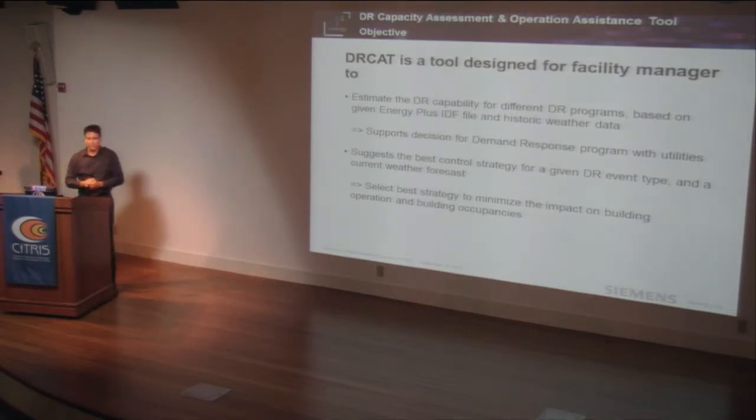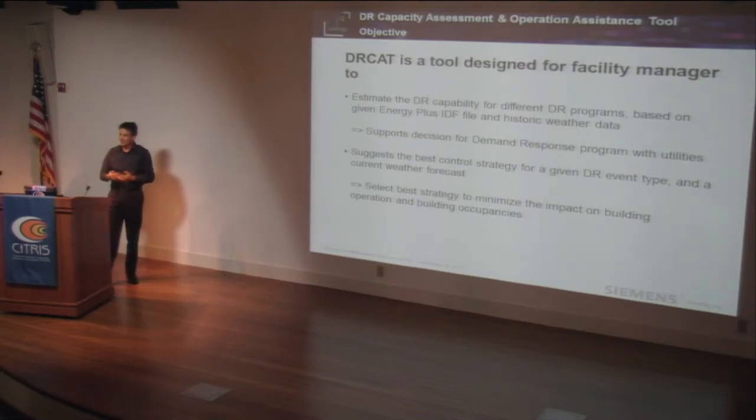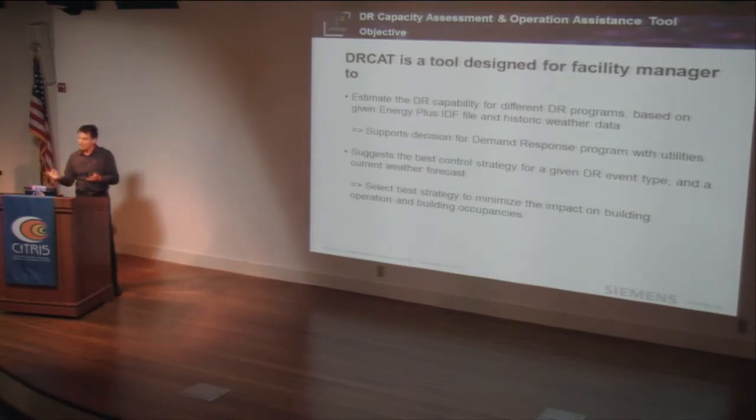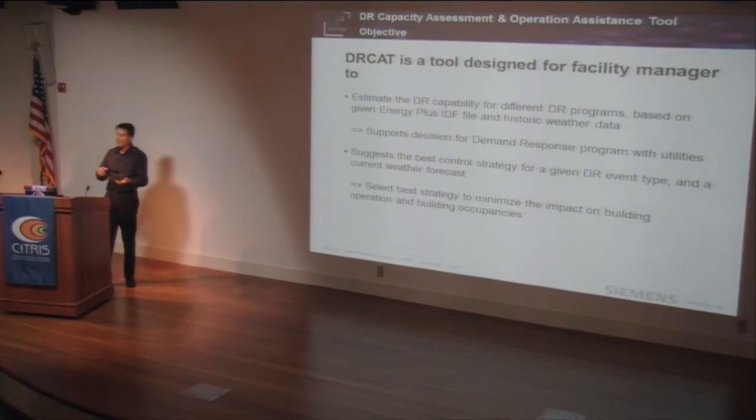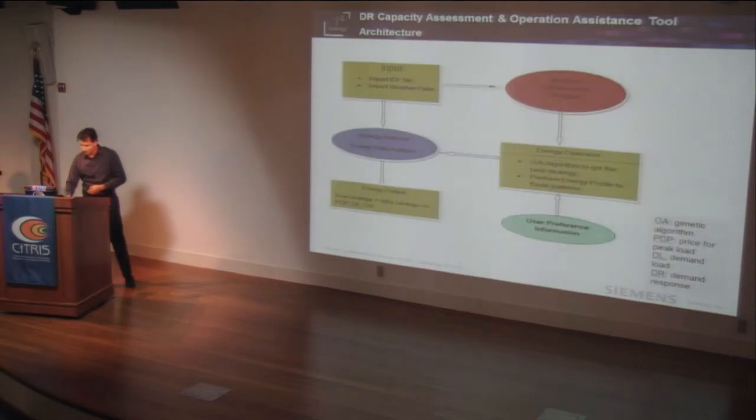Obviously you can use it for demand response, but we also heard that energy efficiency is very important, so you can use it for both cases. In the end, it shows you which strategy would play best, and then you can determine what demand response program you want to sign with your utility.